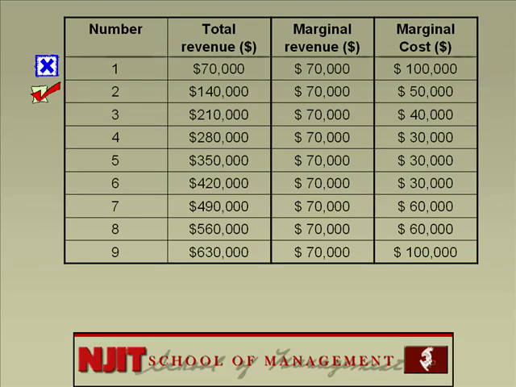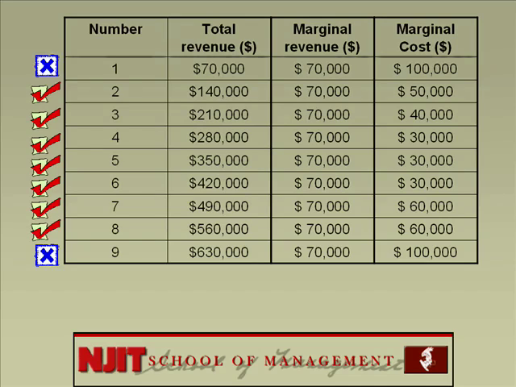So the revenue is greater than cost. 3 units could work. Marginal revenue greater than marginal cost. 4 units will work. 5 units works. 6 units works. 7 works. 8 units still works, because if you look, the incremental revenue is 70,000, but the additional cost is 60. 9 units? No. The cost is greater than revenue.